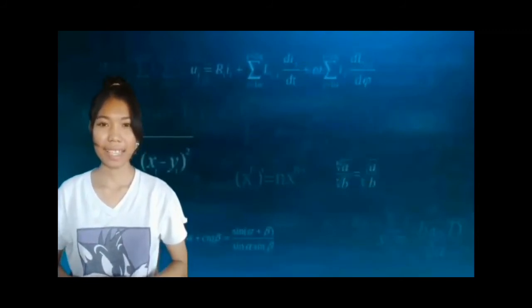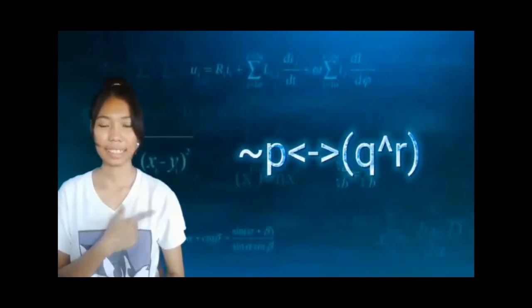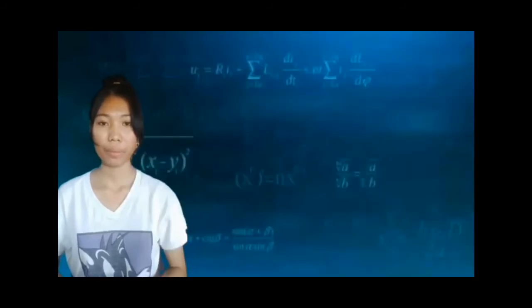So, this is our compound statement translated to symbolic form. Because of the dominance of the connective, which is if and only if, we can group our Q and R with the help of parentheses.